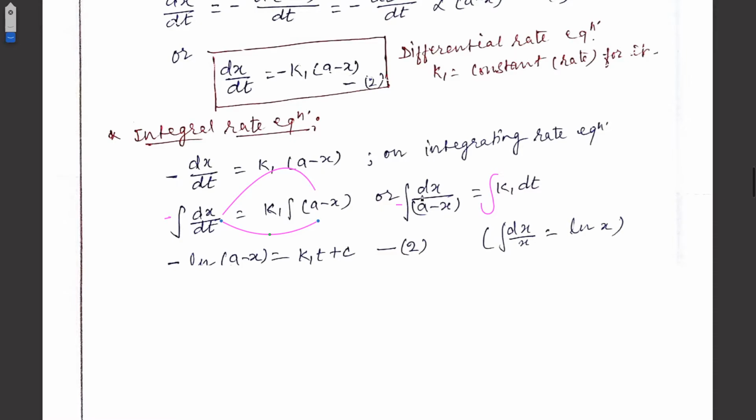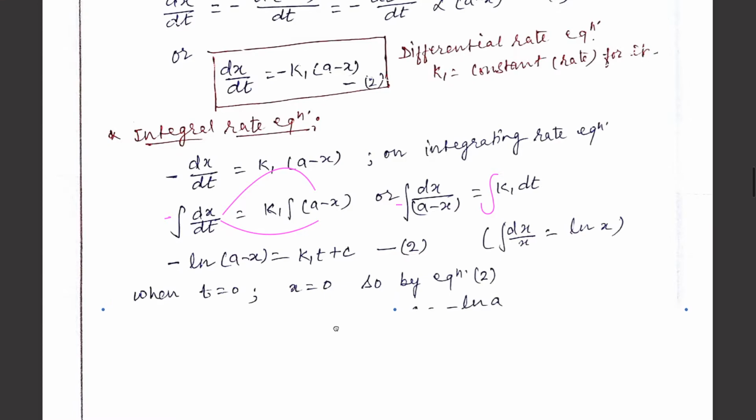Now to get the integration of dx upon a minus x, we take the help of the rule of integration, according to which integration of dx upon x is ln x. So integration of dx upon a minus x is minus ln (a minus x). Integration of dt is t plus c, where c is the integration constant.